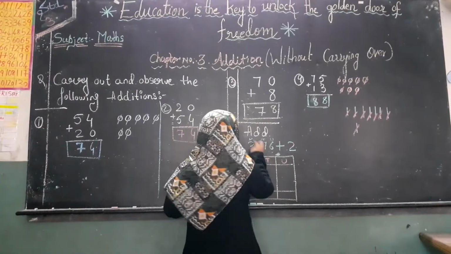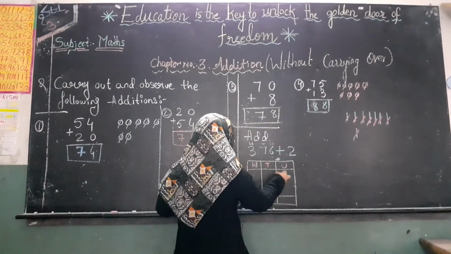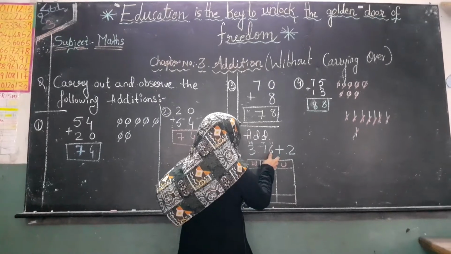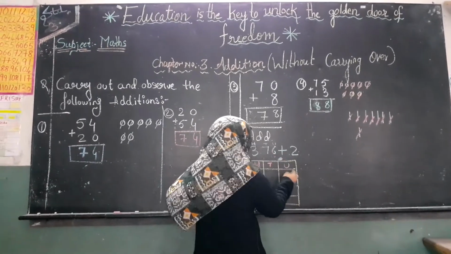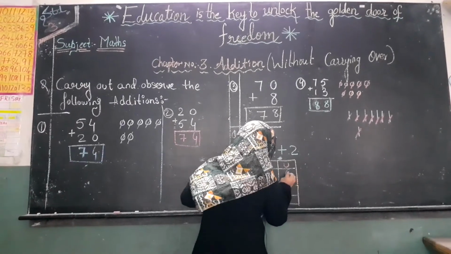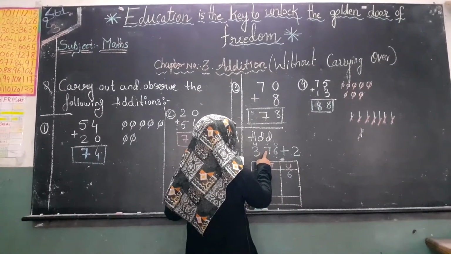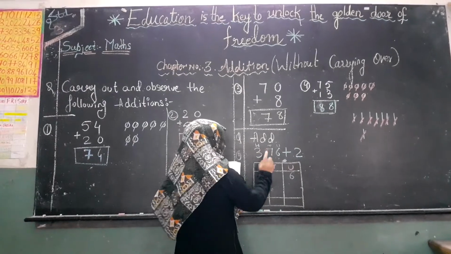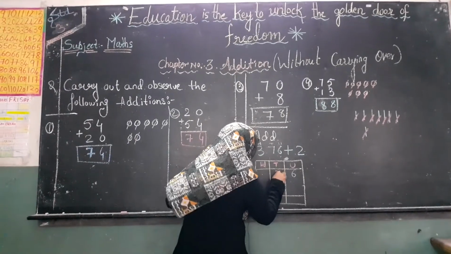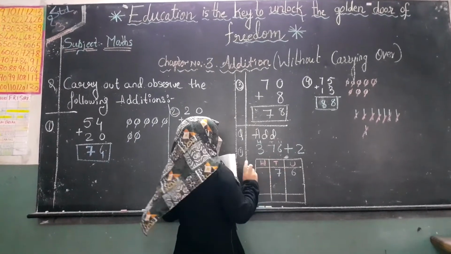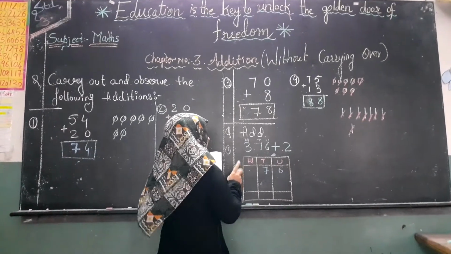So in the units place which number is there? 6. So we will write first 6. Okay. Now in the tens place which number is there? 7. So we will write in the tens place 7. Have you understood? Okay.